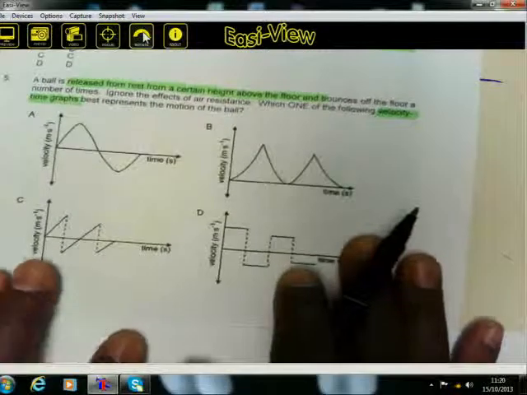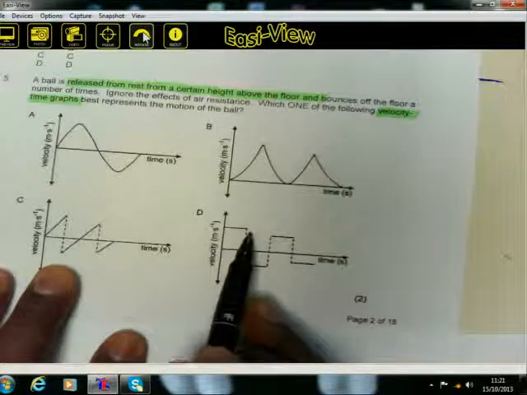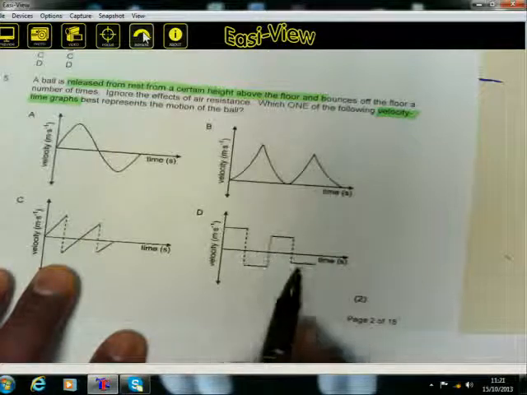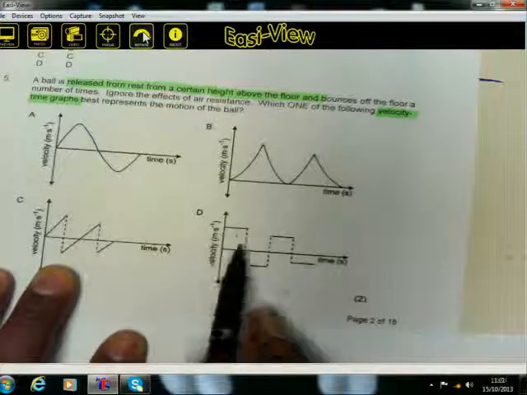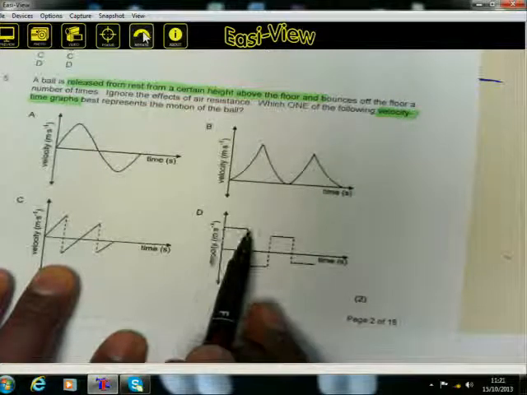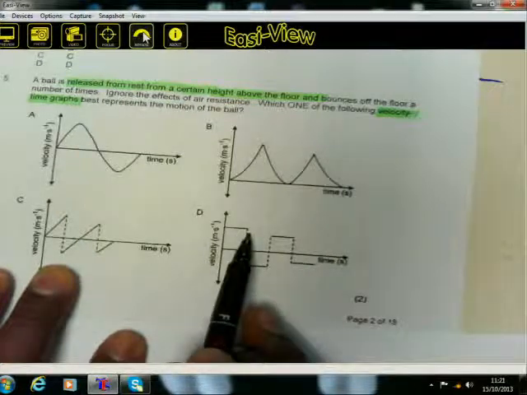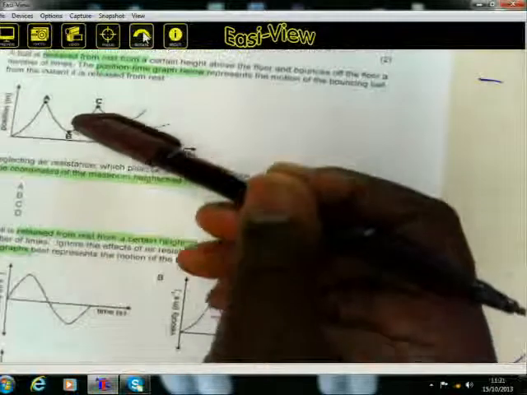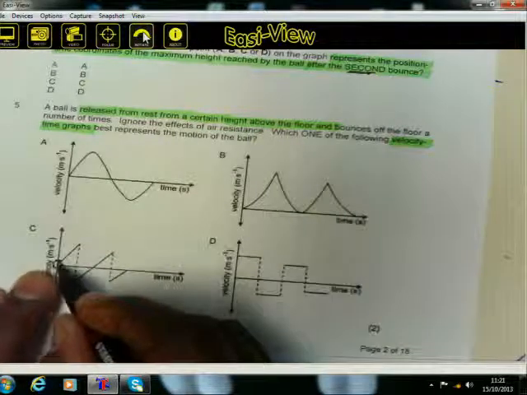So we can immediately eliminate this. We have these two graphs, C and D, where this one gives us a straight line but with broken lines. We would probably associate this with the acceleration of an object because it remains constant at that interval. But the graph which illustrates the velocity here, if we relate it to the first question, we will notice that when this object is released from rest, its initial velocity is 0.